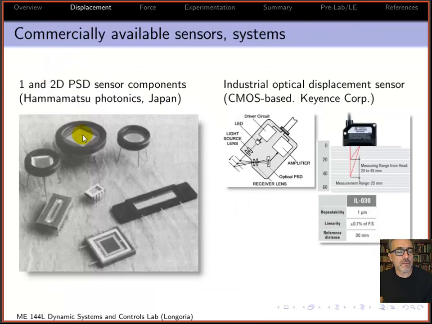You see there's lots of devices out there that you can buy in terms of the basic PSD sensors. They're also ready-made sensors.